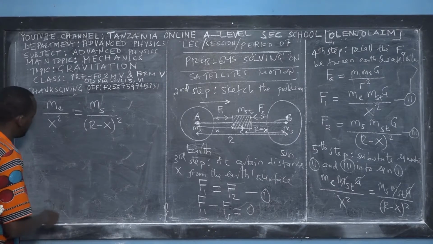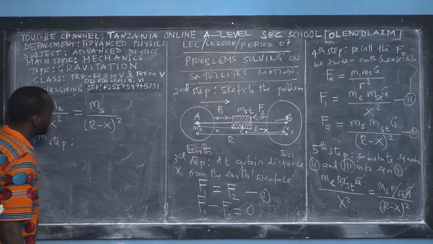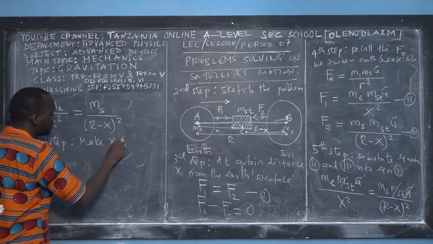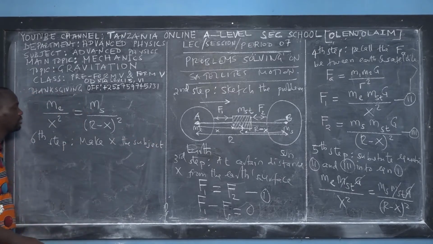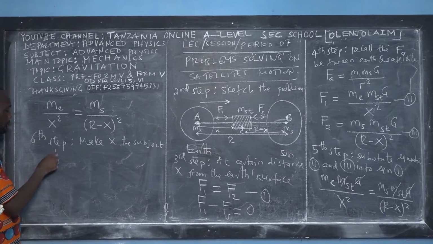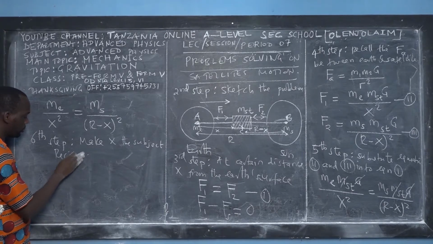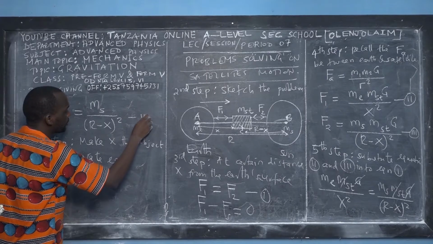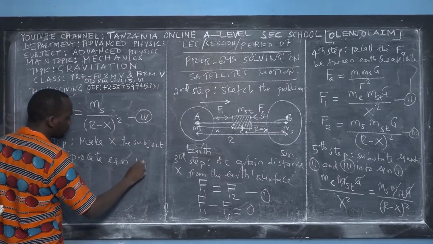So we go to the sixth step in solving this problem. In the sixth step, we say that we have to make x the subject. So how will we achieve that? First of all, we have to reciprocate equation 4.